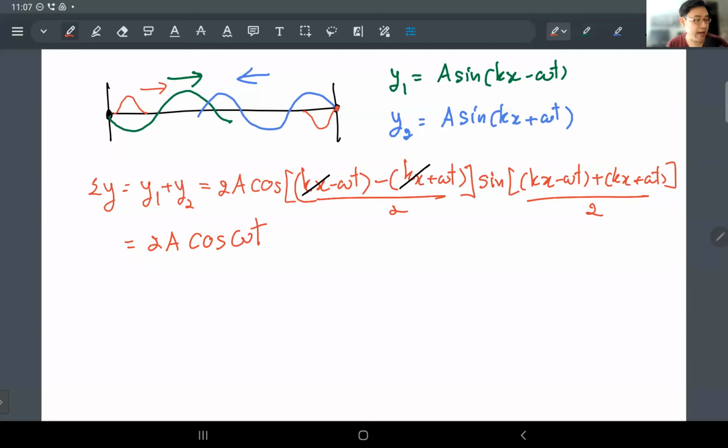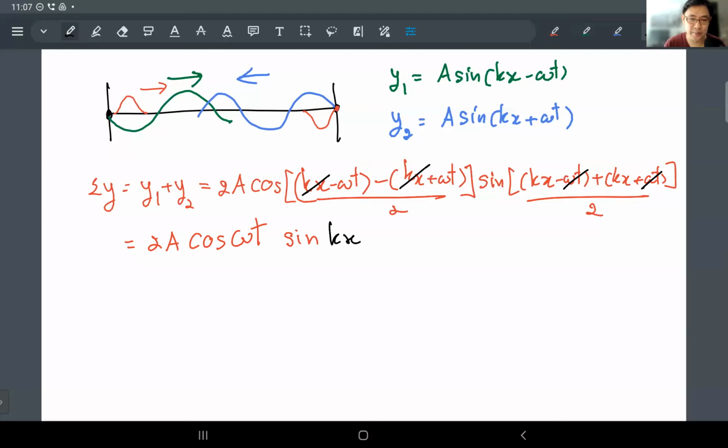Okay. Now look at the sine term over here, guys. The sine term is going to be sine. Now you sum together, the omega t will get canceled instead in this case. And then you have kx right there. What do you see?